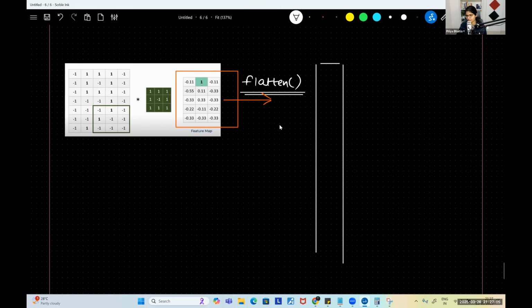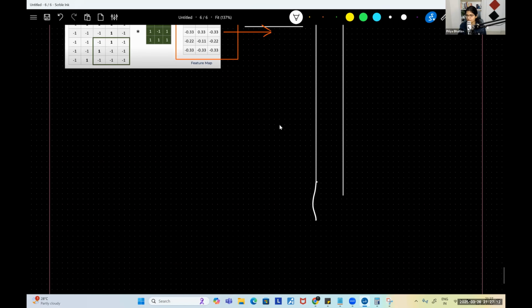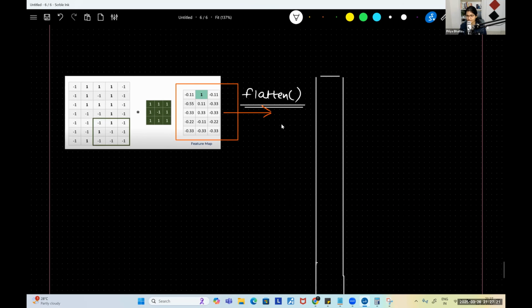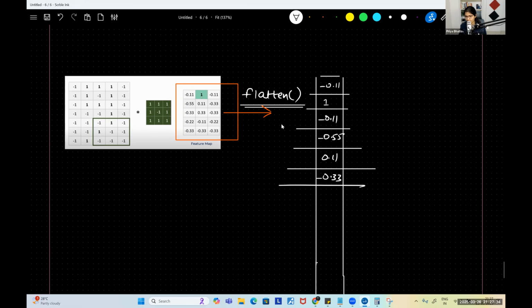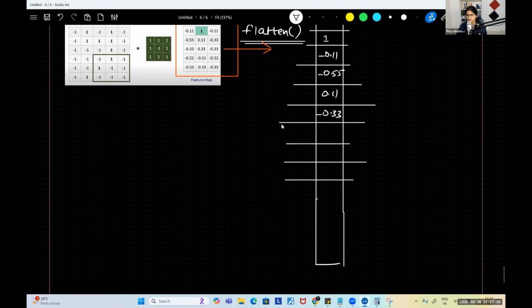a neural network shape. Now, neural network, we know how it works, with the input layer, hidden layer, output layer. So now we are working on that part. Whatever output you are getting, minus 0.11, 1, minus 0.11, minus 0.55, 0.11, minus 0.33, in this manner till the very end.